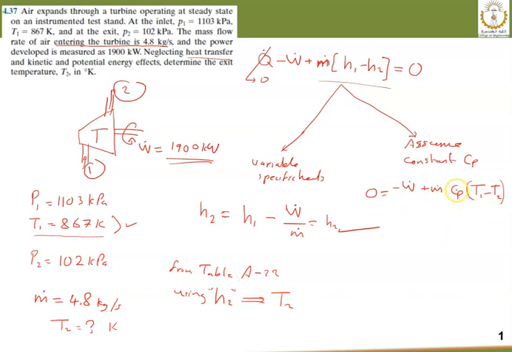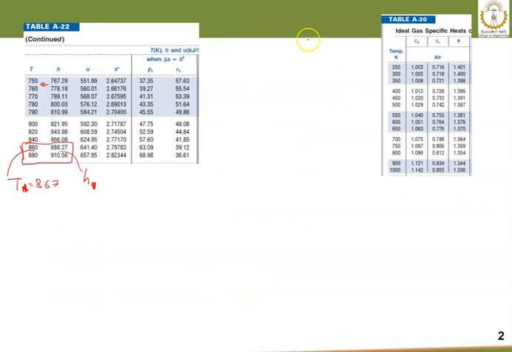Now we need to find Cp, and we have T1 equals 867, so we go to table A-20 and use the part for air. We have 867, so we are between these two, and we need to find Cp.